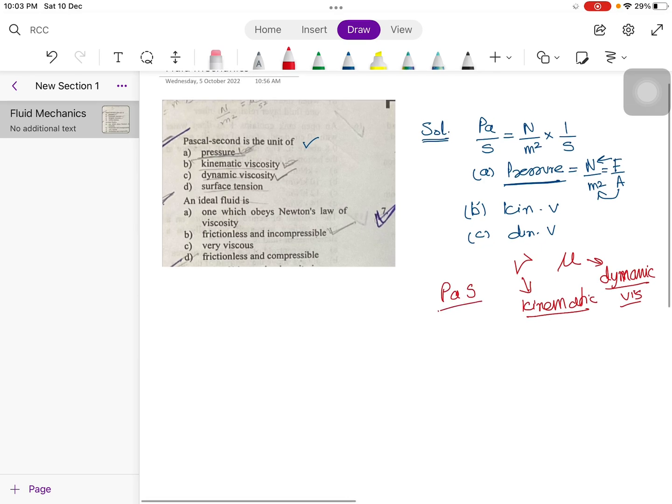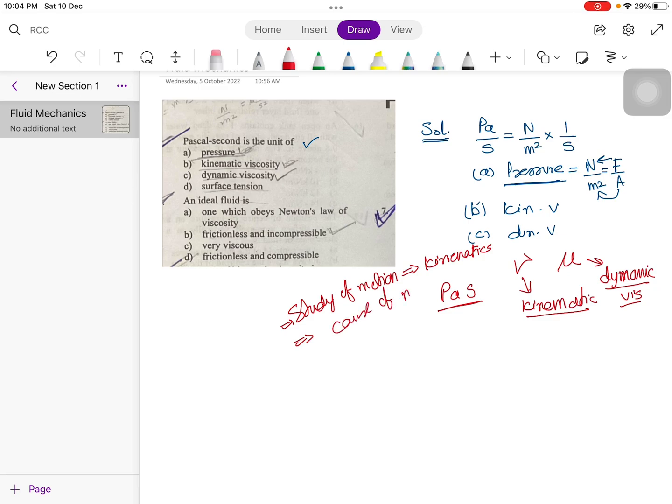To remember this, we know that the study of motion without knowing the cause of the motion is known as kinematics, and the study of motion or the study of the cause of motion is dynamics.